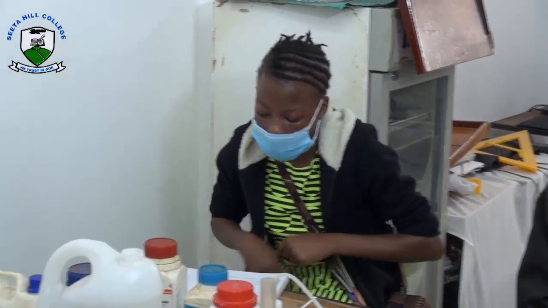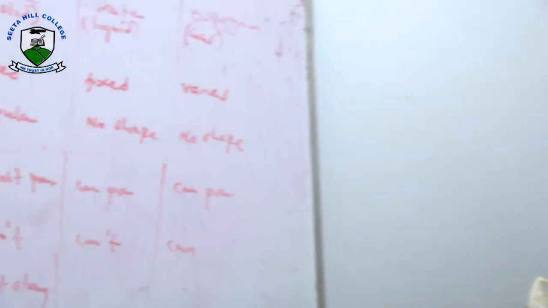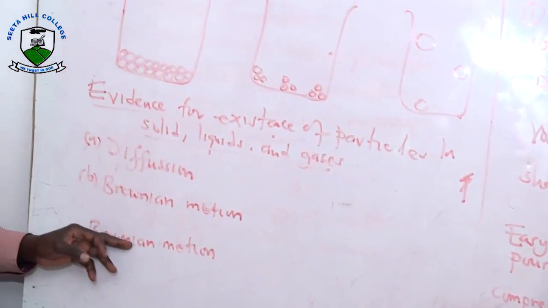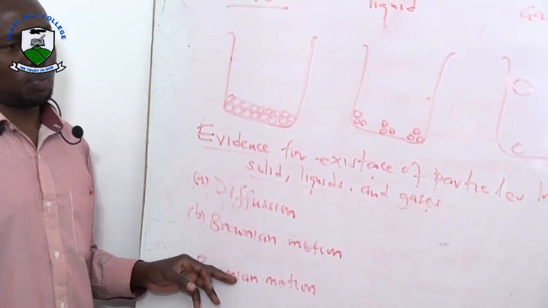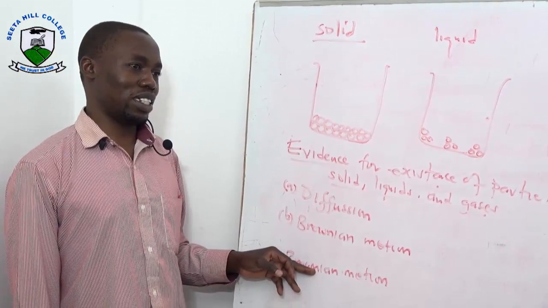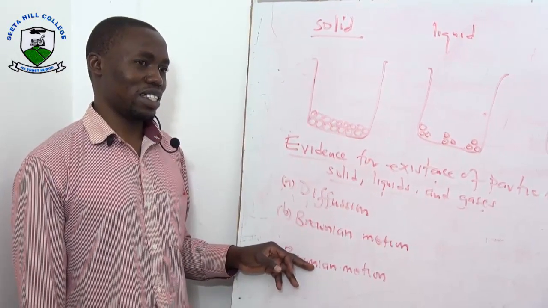That was the Brownian motion experiment, but it was not done using that. That's a simple illustration. Now, in the room, what you saw was dust. See?